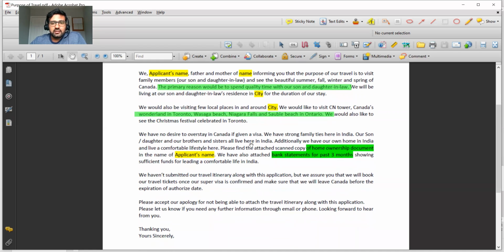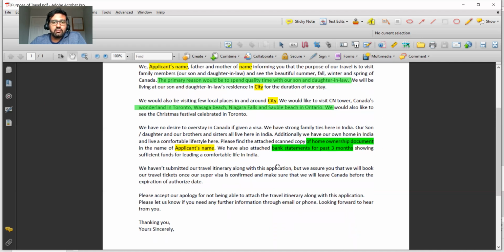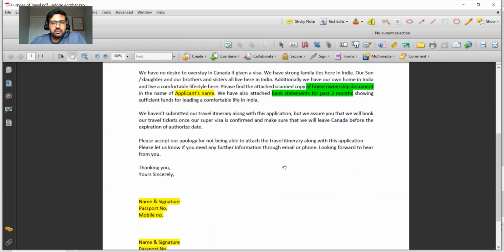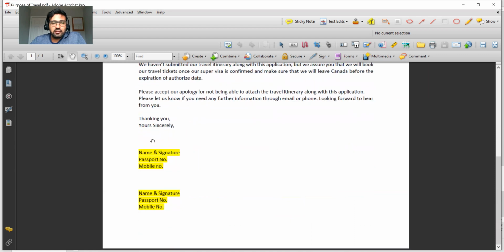So this serves as their ties in their home country and makes sure that they will go back to their home country after their visit in Canada. So this letter serves as the purpose of travel.